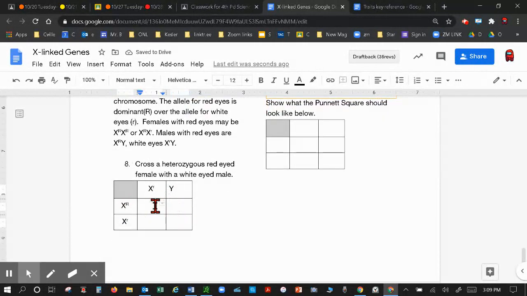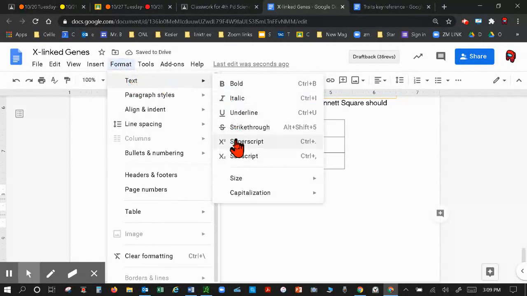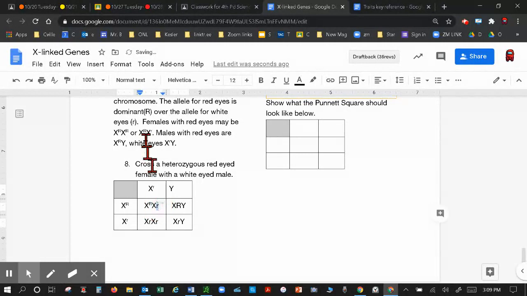And now I'm going to do my X capital R first, X lowercase r next. X capital R Y going across, X lowercase r, X lowercase r, X lowercase r, Y. And now just highlight those items there. Take the moment to do that. Shouldn't take too long.